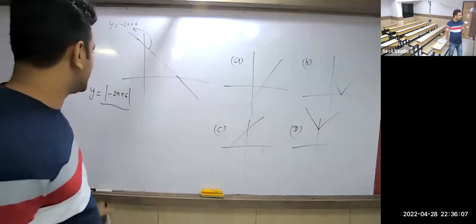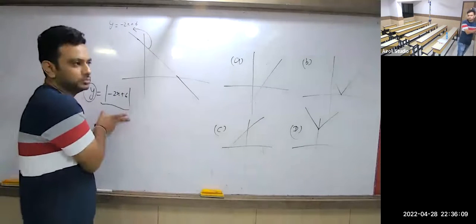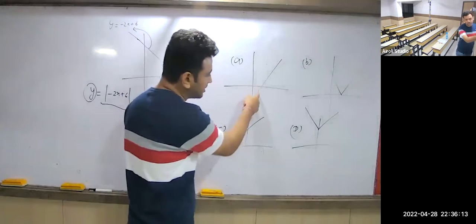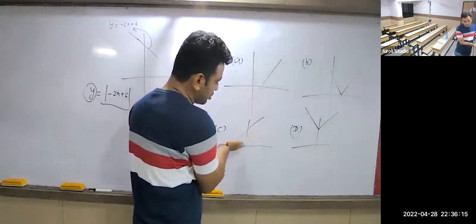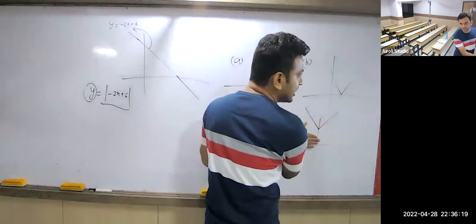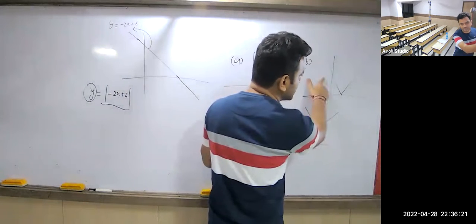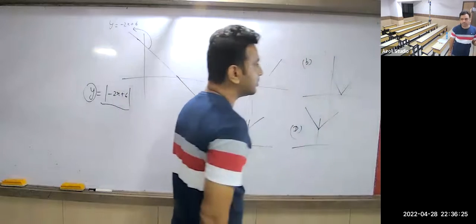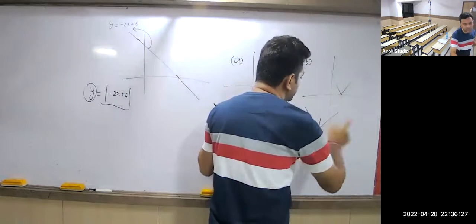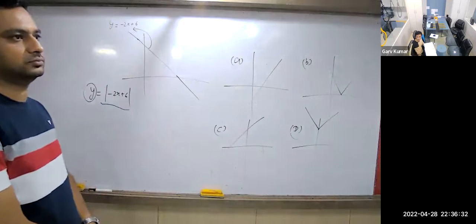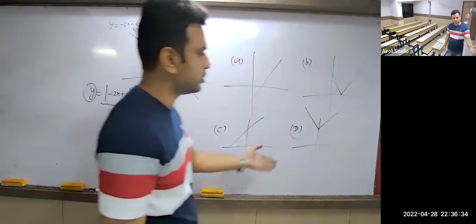So that means y cannot be negative. In this option, you will get a negative y, right? This also you are getting negative y. In this also, but in this case you are getting positive y. In this case also you are getting positive y. So you have two options, B and D. How do you eliminate option D? Sir, the y is negative. In this case also y is positive, right?